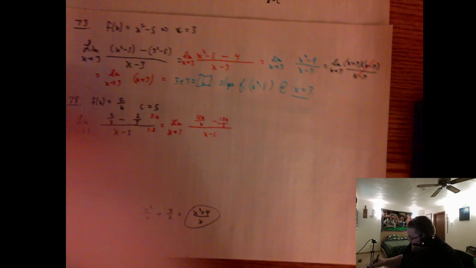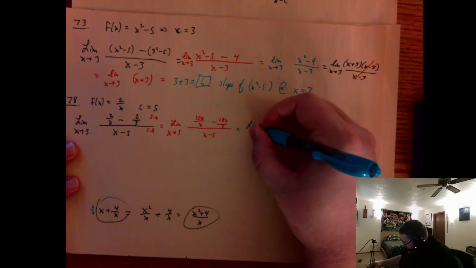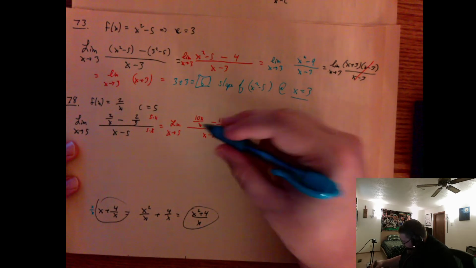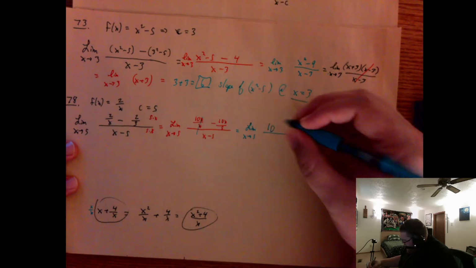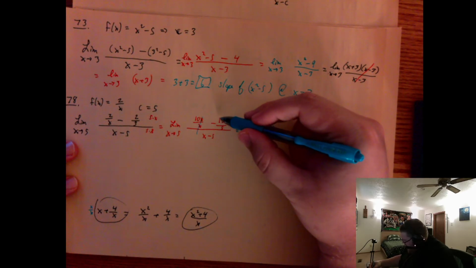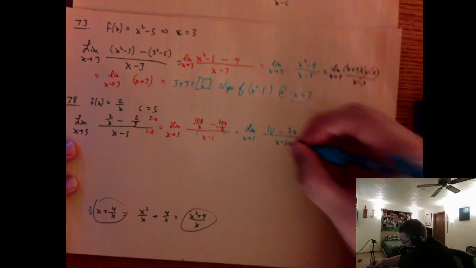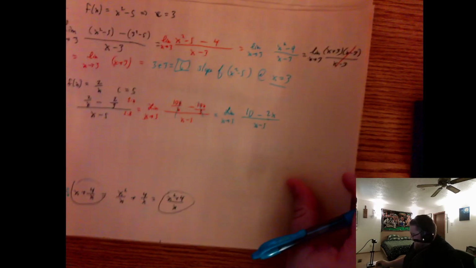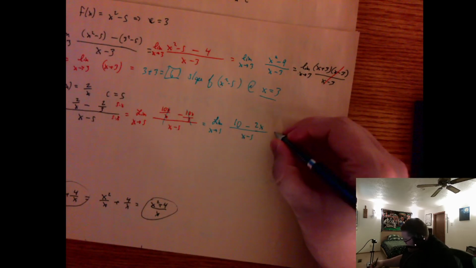These end up canceling on top. So the limit as x approaches 5 of, let's see, 10x over x, the x's would cancel, leaving just 10. 10x over 5 is going to become minus 2x over x minus 5. And then from here, I'd have to factor some, which I can do.